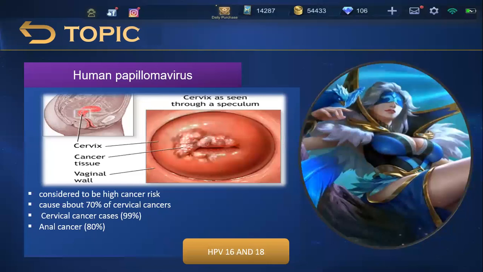HPV 16 and 18 are considered high cancer risk, causing about 70% of cervical cancer cases and 80% of anal cancer cases. HPV 16 and 18 contribute towards malignancy and fall under the high-risk genital types.